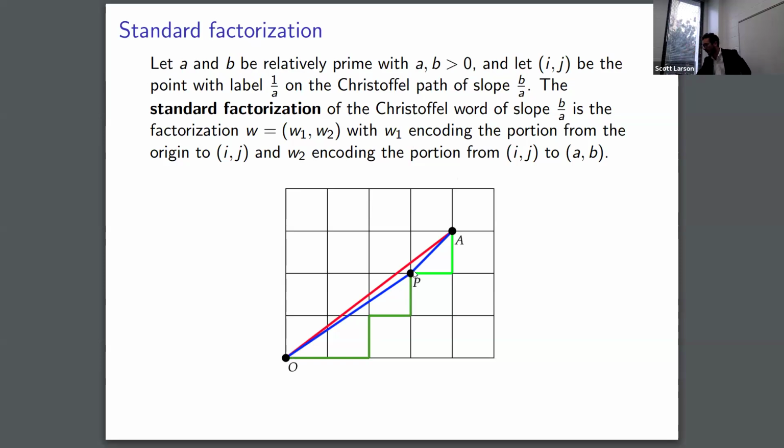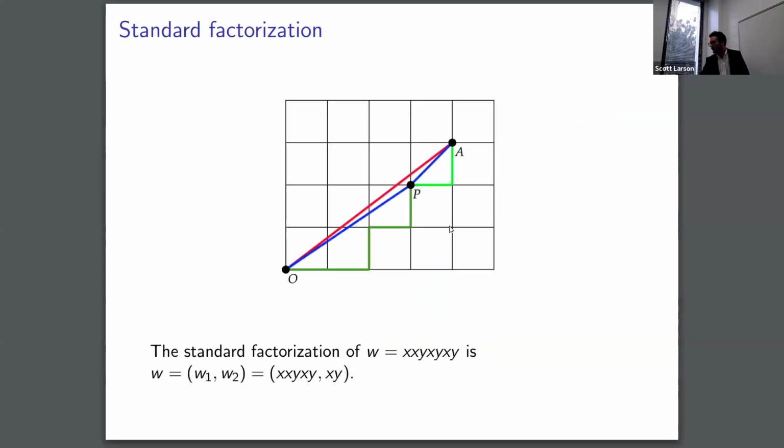The path after that point to A comma B is the second word. And we're going to call this our standard factorization. So we can see here, cut it off at that point, the standard factorization is x, x, y, x, y for that first word, and x, y for that second word.